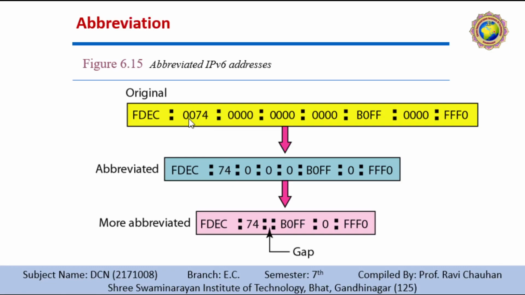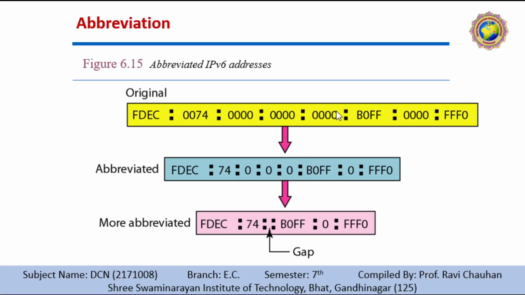Only the leading zeros can be dropped, not the trailing zeros, just like our F0. It will be kept as F0. Do not eliminate the 0 over here. Using this form of abbreviation, our 0074 will become 74, and a section of all zeros will be written as a single 0.